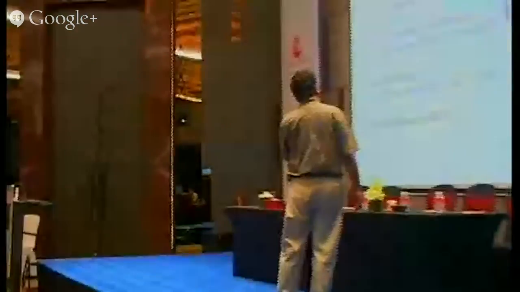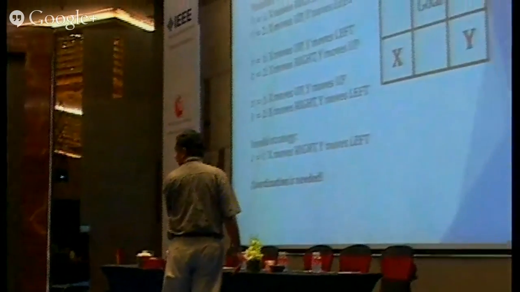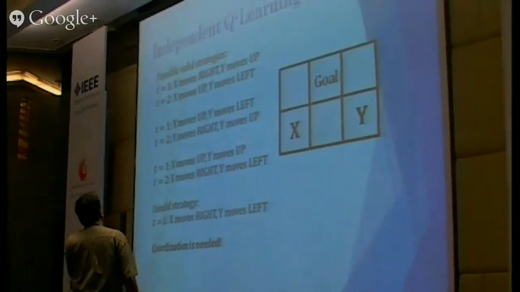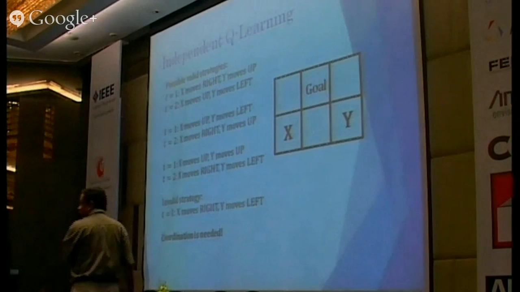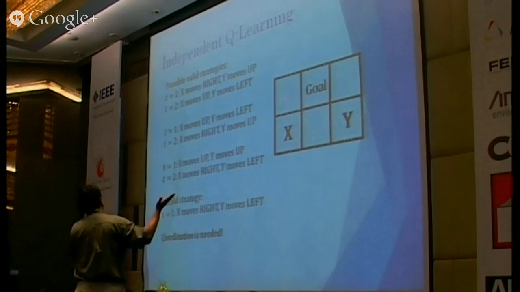Now these are two robots, and both of them have to go to the goal state. This agent X, in one time step, can go north, and this Y can go left, right? And then in the next time step, this X can go from here to here, and Y, which is here, can go here.